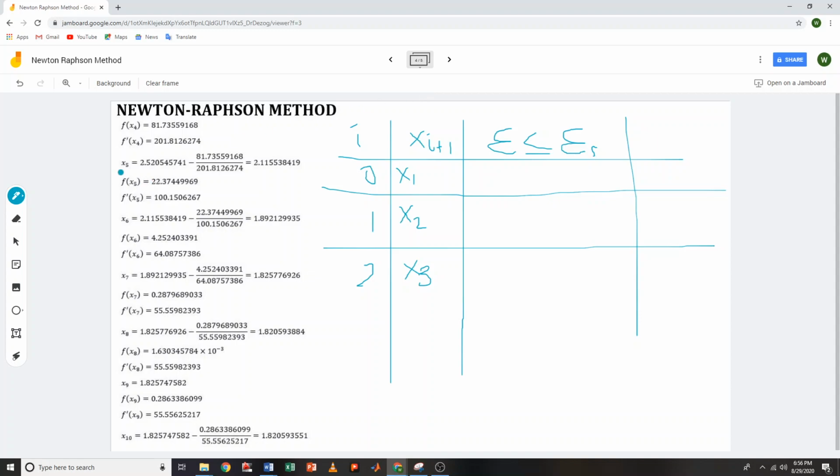Okay, so we have x5 here. And then again evaluating, we have also gotten the value of f of x5 and f prime of x5, which is necessary in solving for x6. So therefore, x5 is equal to 4. Okay, so that is the fourth iteration.